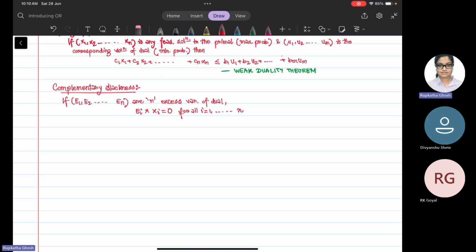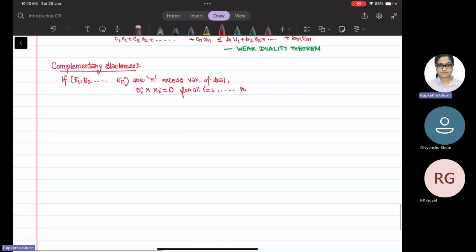So it's like either the decision variable in your primal is 0 or the corresponding slack or surplus is 0. This will right now appear very on the surface. So this basically implies that either Ei is 0 or Xi is 0 or both are 0. So that basically means that Ei and Xi cannot both be positive.